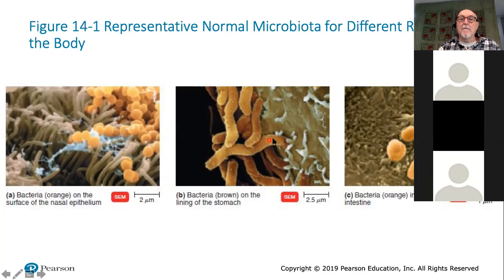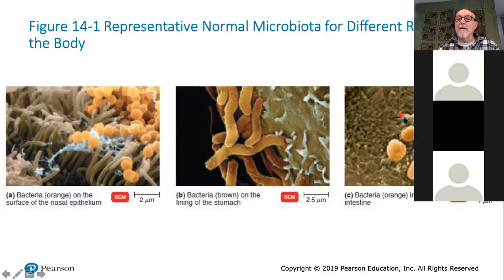These are spiral sort of bacteria from the lining of the stomach. A very, very harsh environment because it's an acid environment. There's not a lot of bacteria that survive in the stomach, actually. And there's not a lot of bacteria that we swallow that survive passage through the stomach. Nonetheless, it has its own resident flora.